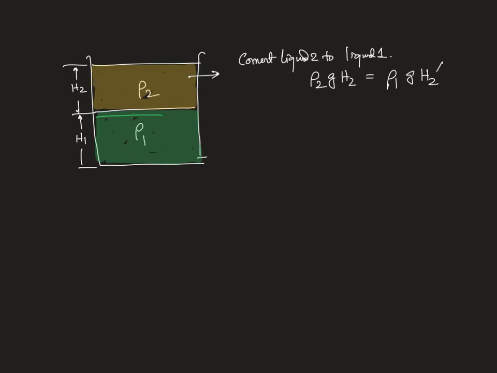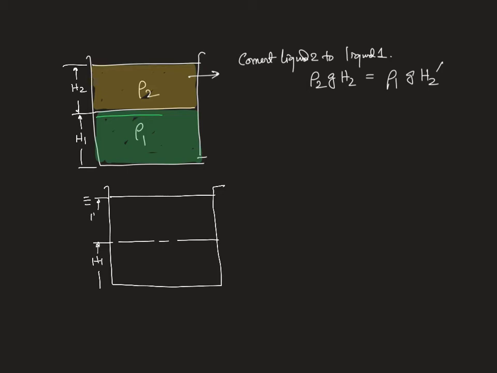So that means if you replace, this figure is equivalent to, if I draw this thing filled up with this liquid, downward you have this H1, already you have this H2 dash.